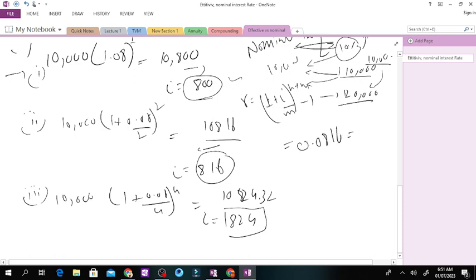If you multiply by 100, it would become 8.16%. That was case number 2, the semi-annual system. And if you move on to the quarterly, you will get 8.24%, by using this formula.